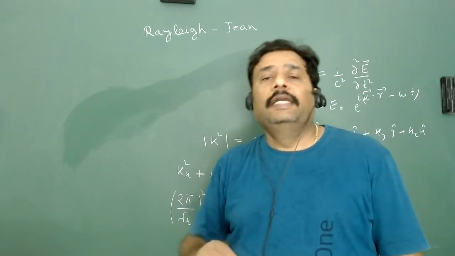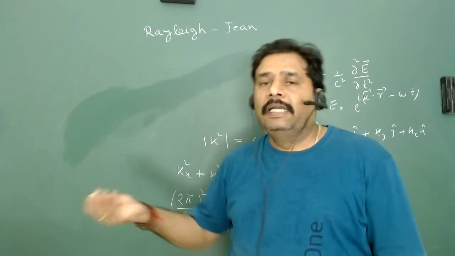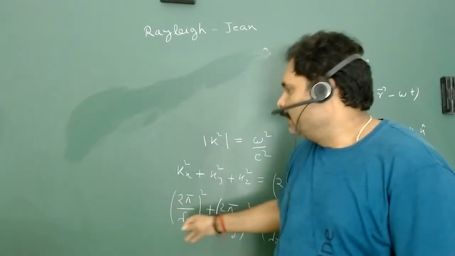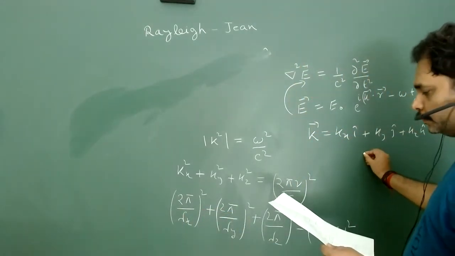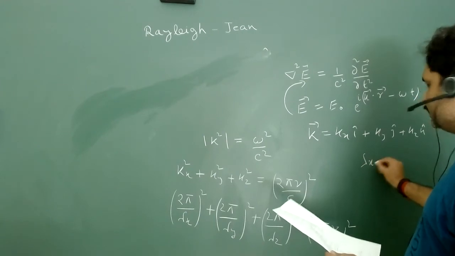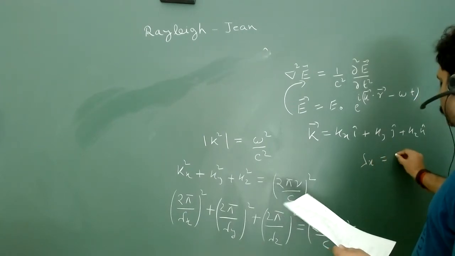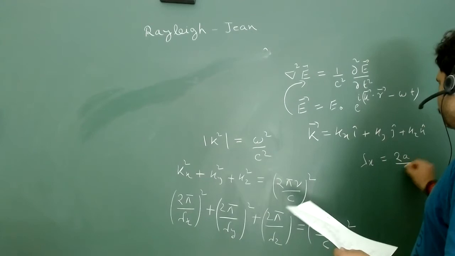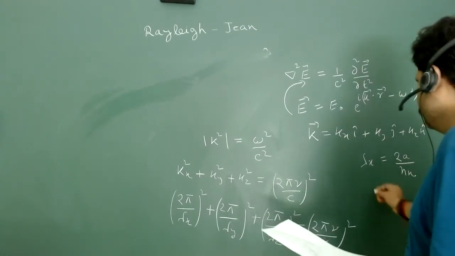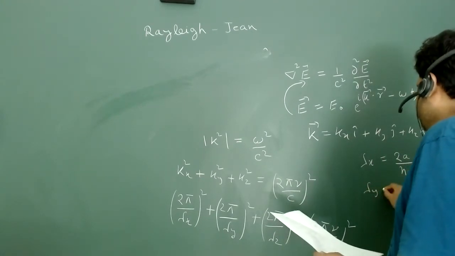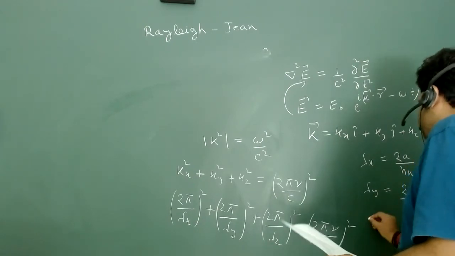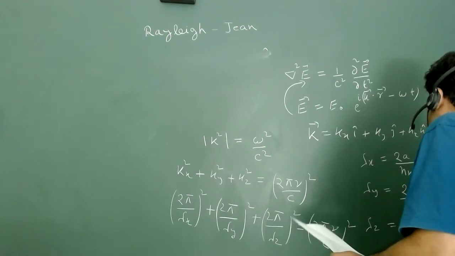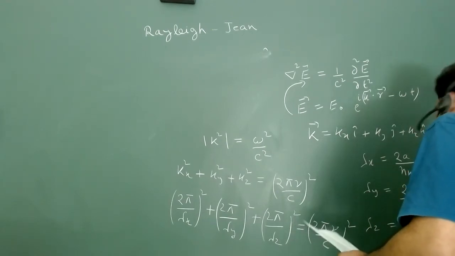So we are using nx, ny, nz as the numbers associated with lambda x, lambda y, lambda z. So I can write lambda x is nothing but 2a upon nx, lambda y is 2a upon ny, and lambda z is 2a upon nz.